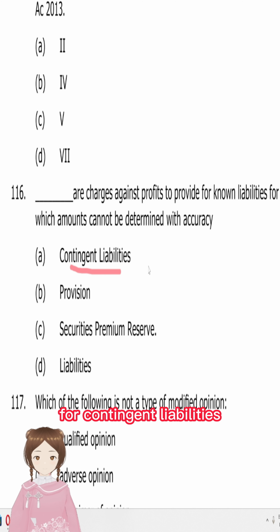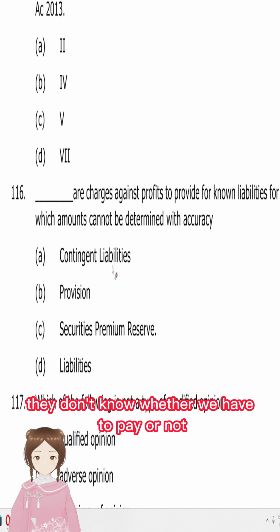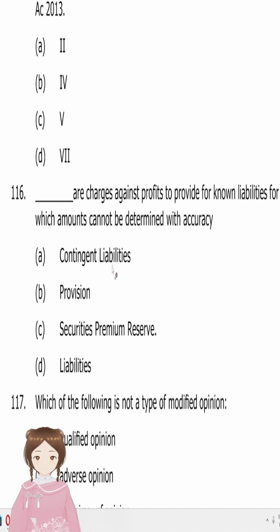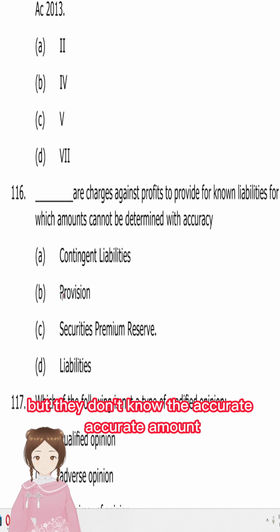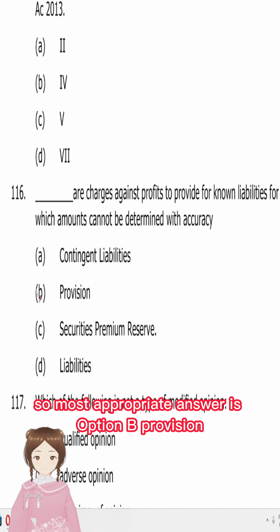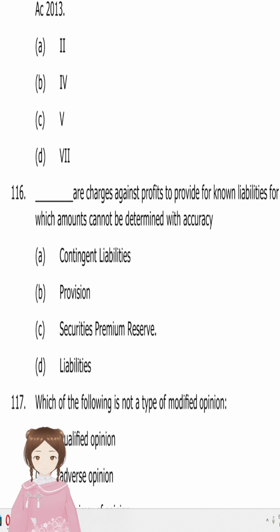Contingent liabilities. For contingent liabilities, they don't know whether we have to pay or not, because it is an outcome that depends upon a future specified event. So not A. For option B, provision, they know that there's a liability that existed, but they don't know the accurate amount. So the most appropriate answer is option B, provision.